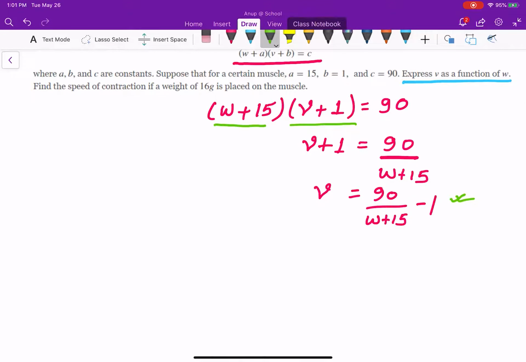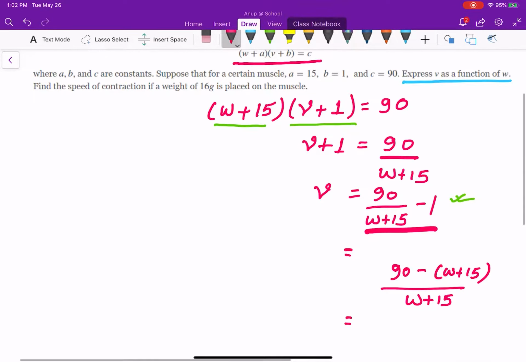But if you want to rewrite this, we can also find the lowest common denominator between these expressions, which is W plus 15. Then we get 90 minus 1 divided by 1. To make the denominator equal to the lowest common denominator, we multiply by W plus 15 on the top and bottom, and then we have this term. Now let's distribute the negative sign.